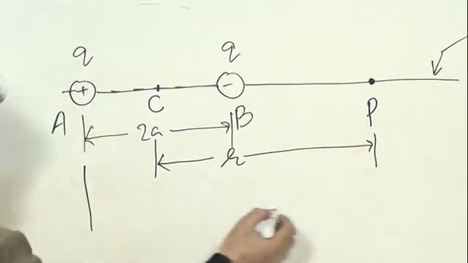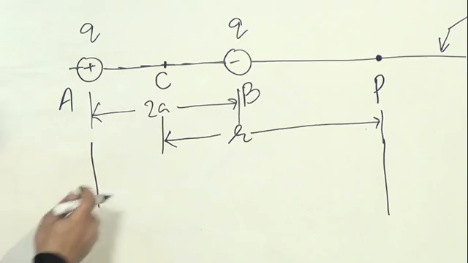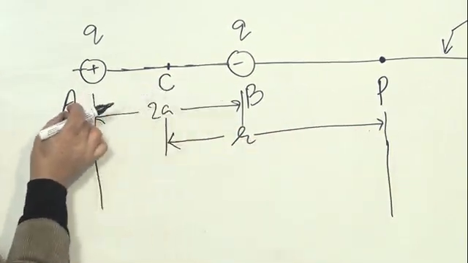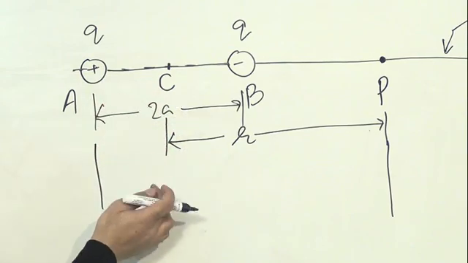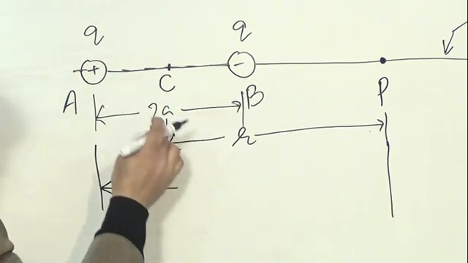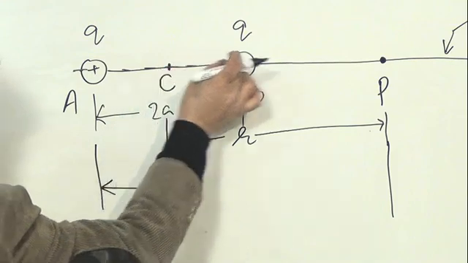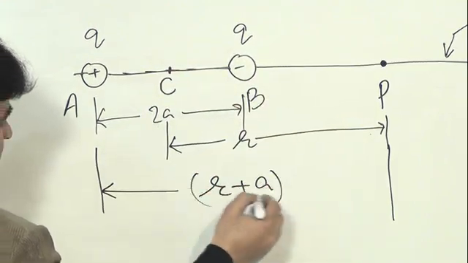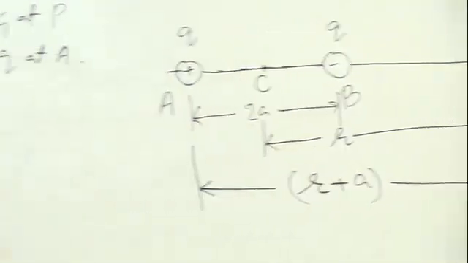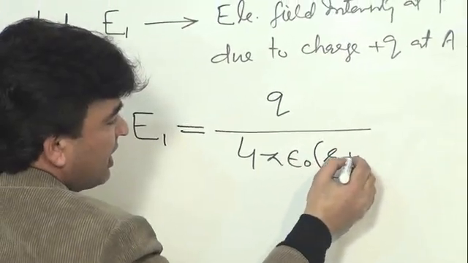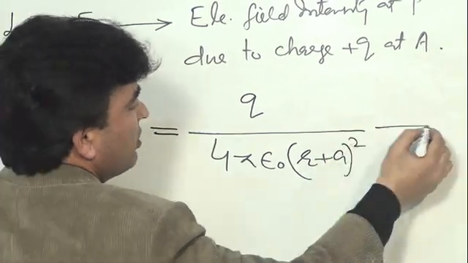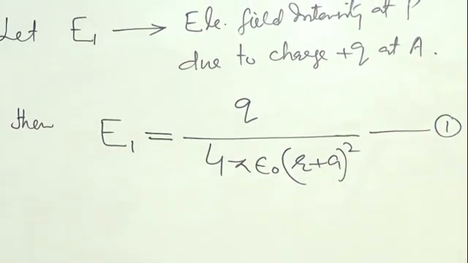The distance between these two is, center to P is r, center to A is a, small a, so between the two, from C to P it is r, that means it is r plus a. So here we have to use r plus a whole square. Let us call this equation first.